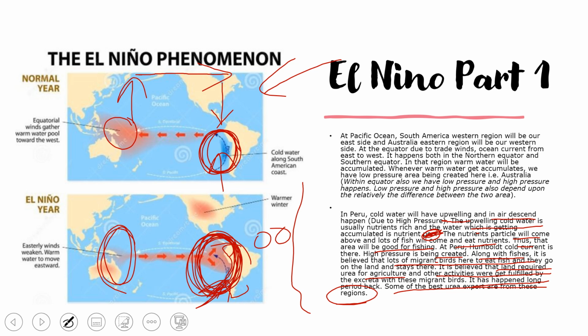In the El Nino condition, you will not get much fish in that region, and you will get intense, very high rainfall. In that El Nino year, floods occur in the Peru region and drought occurs in Australia, Africa and India.